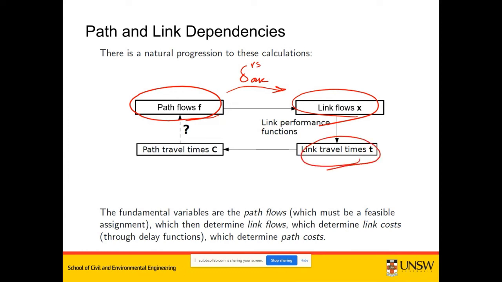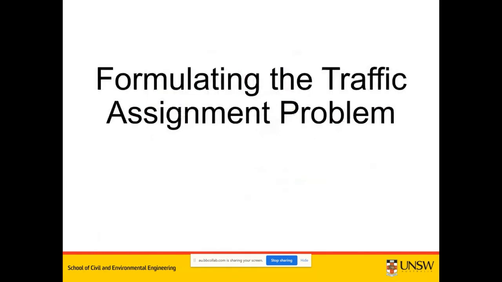And how do you go from link travel time to path travel time? Again, using that adjacency matrix transpose, you get the path travel times, and then you update again. You find the shortest path, you do the assignment, you again find the x's, you find t, you find c, and we continue this in an iterative manner. Okay, so that's how the general dependencies of the path and links work together.